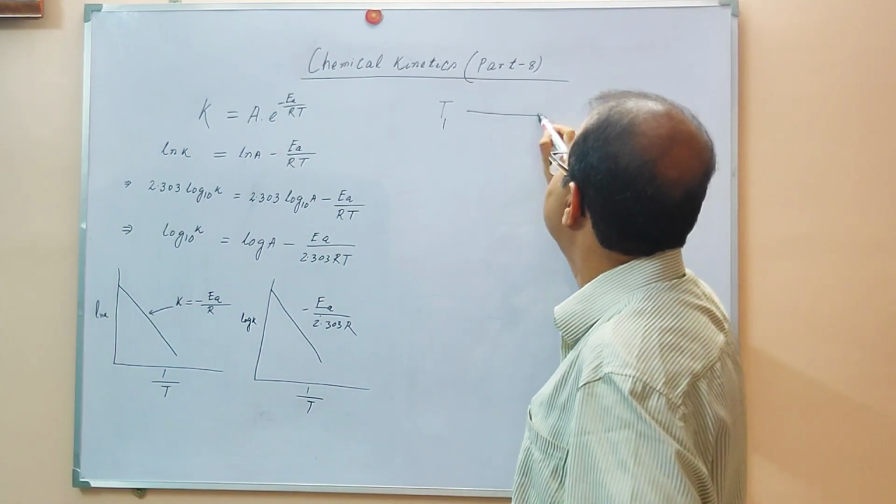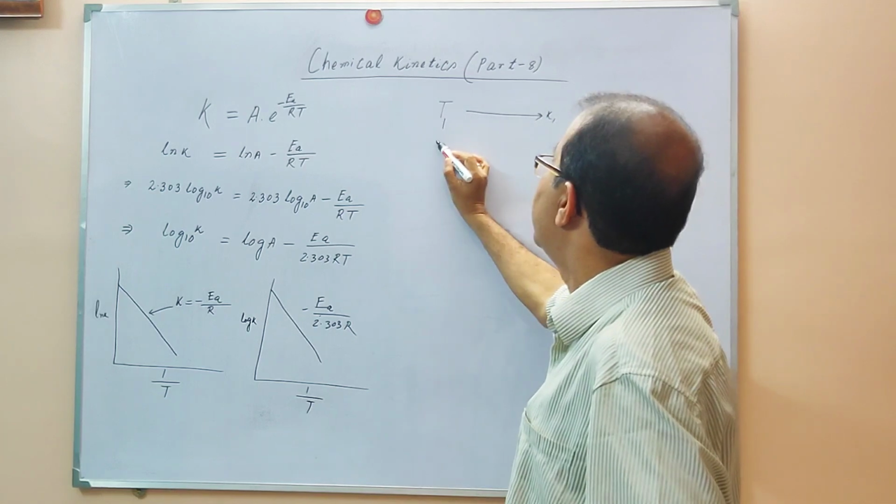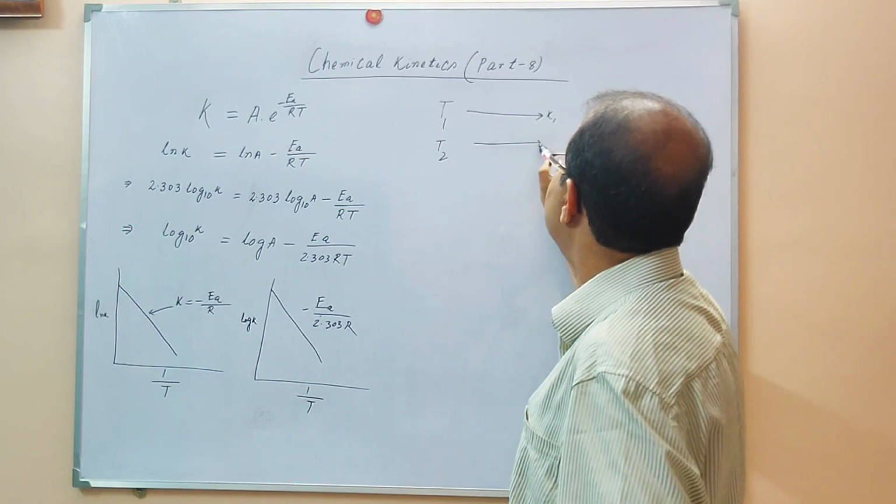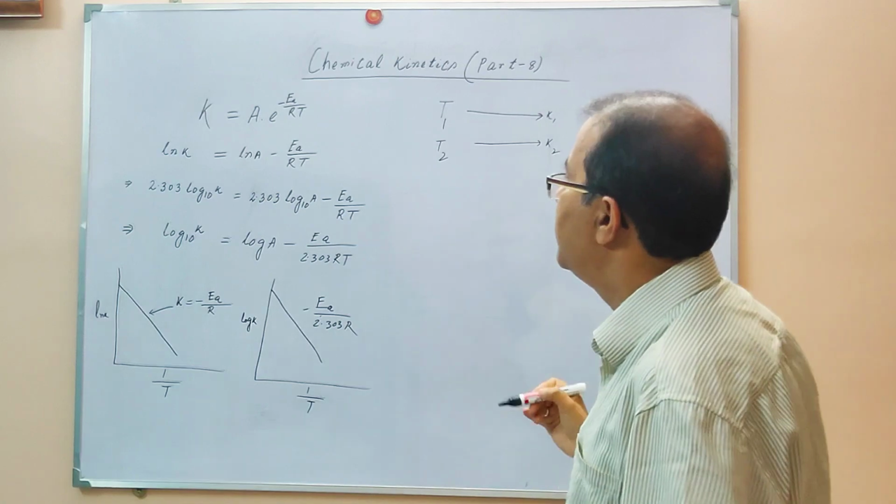But there is another thing left. Suppose at T1 the rate constant is k1, and at T2 the rate constant is k2.